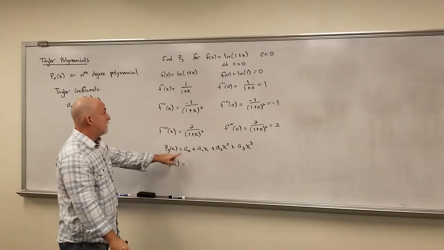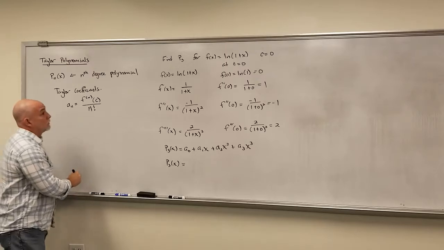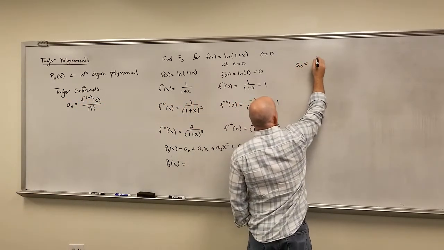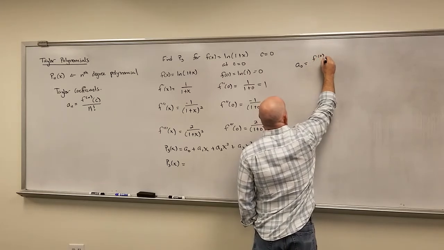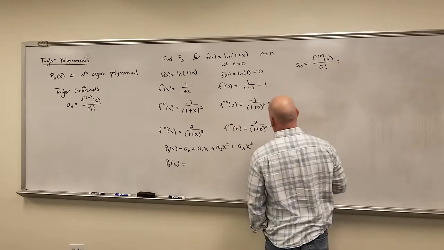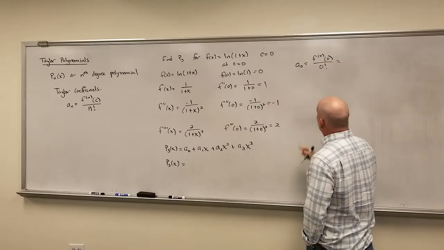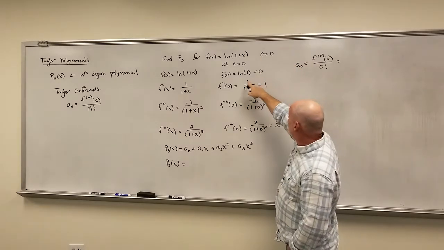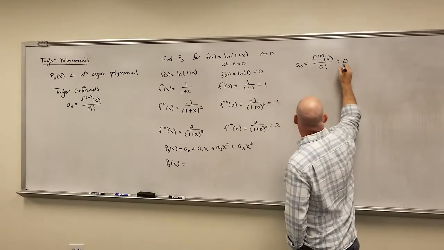Well, we know A0 is the 0th derivative at our center all over 0 factorial. The 0th derivative just means the function, so at 0 that would be 0.